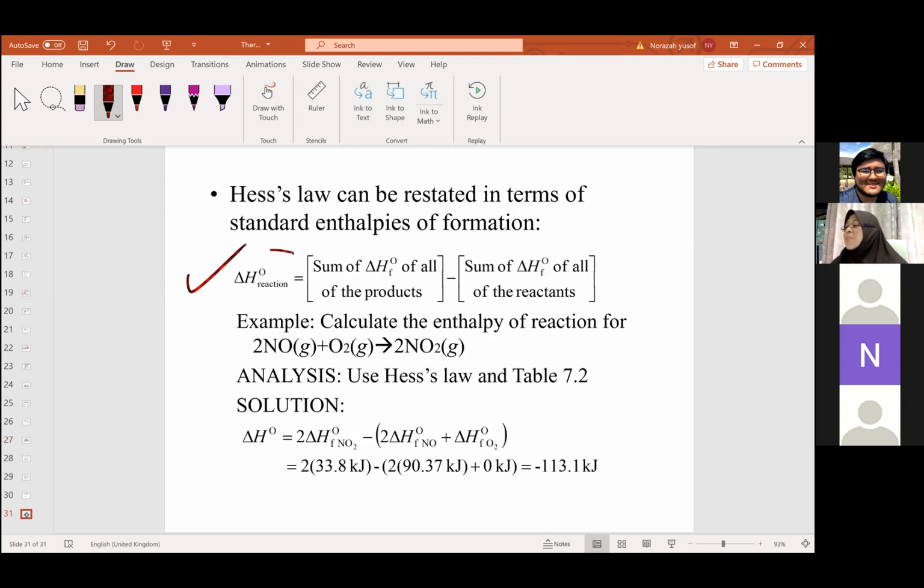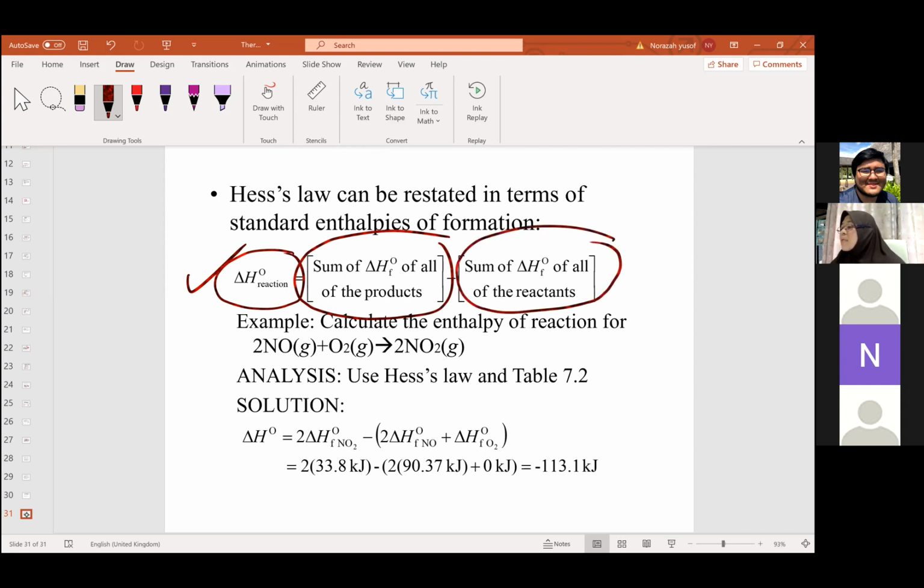So the standard enthalpy change for that particular reaction is the sum of enthalpy change of the products minus the sum of the enthalpy change of the reactants.